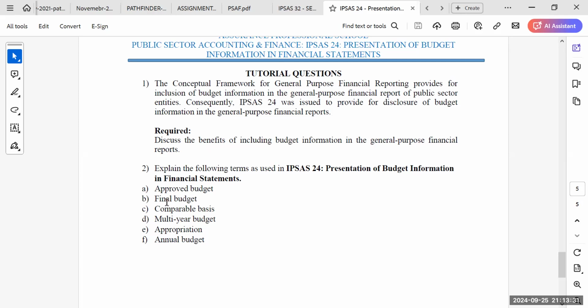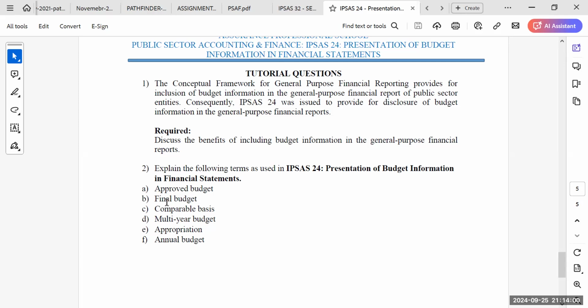Okay, what is approved budget? So I can say, as the name implies, it's that budget that has been approved by Parliament to cater for the current revenue and expenditure transactions.